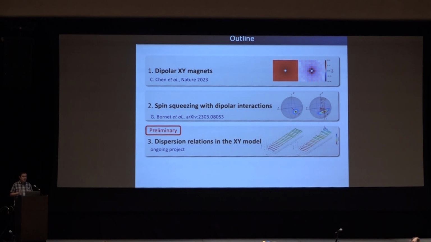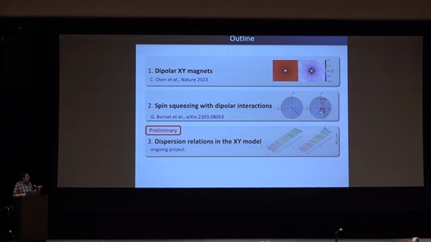Alright, so after this short introduction, I'm going to describe the outline of the remaining part of the talk. I will try to walk you through three different examples of experiments that we have done very recently. In the first part, I will show you how one can prepare dipolar XY magnets, antiferromagnets, and ferromagnets.